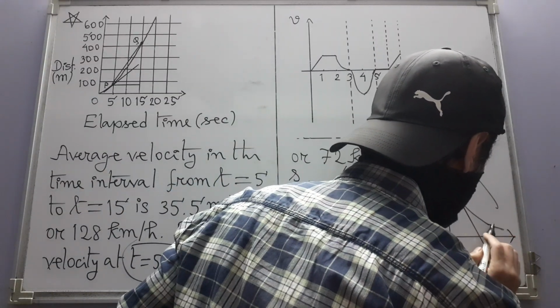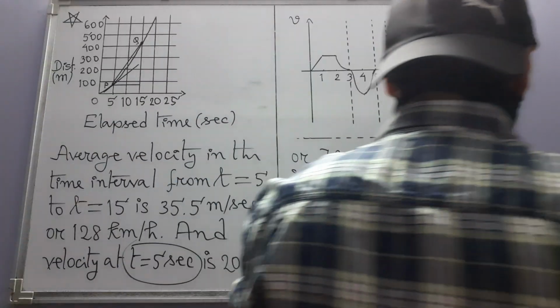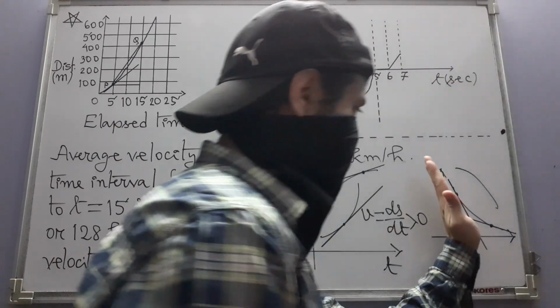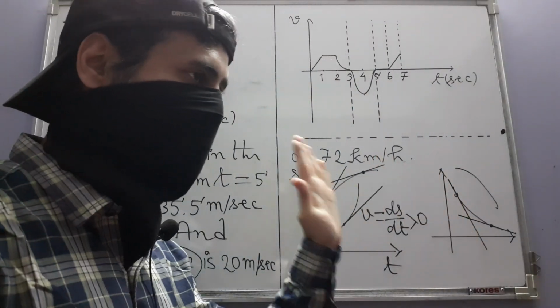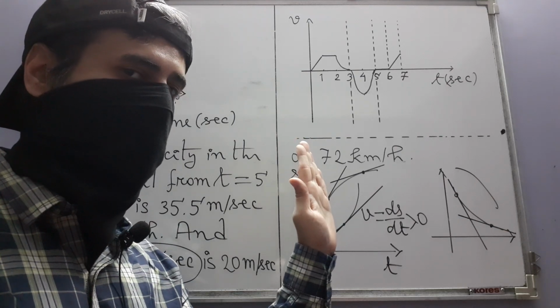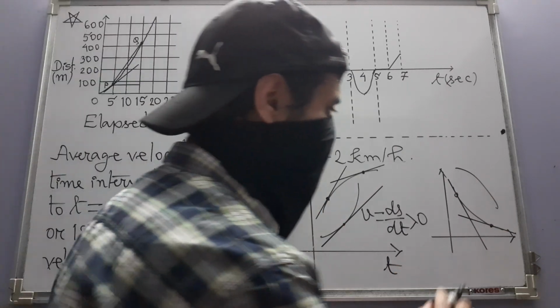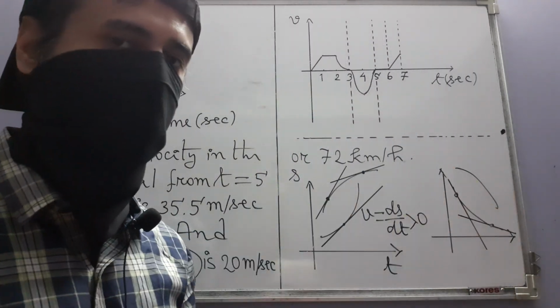But then as it came quite near you, it slowed down. The slope of this line, which is the instantaneous velocity at that instant, is quite high numerically. Its absolute value is quite high. But this one is not that much.